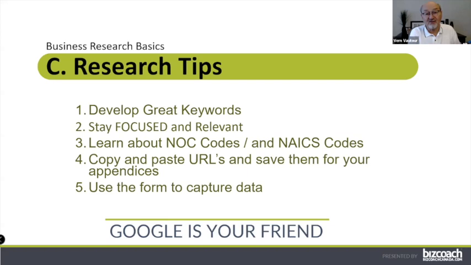And then don't forget to copy and paste the URLs of the domain names that you searched and save them for your appendices, or for your bibliography, or for a point in time where you go back in and do a quick quote, and then you have the source of your information. It makes you look so credible. And guess what? If a banker or a partner wanted to check, they go to that link and boom, you have all the credibility in the world because you have the facts to back up exactly what you're saying. And then use the form where you can circulate, use that form to capture data.